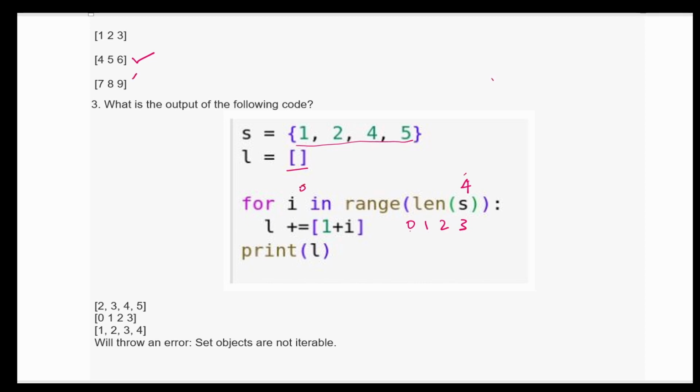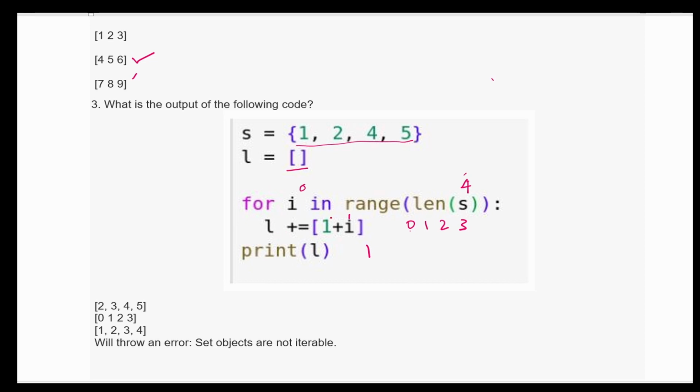When i is 0, 1 plus 0 will be a list, and that list will be appended to L because the plus sign indicates that it will be appended. So the first element in the list L will be 1. Then when i is 1, then 1 plus 1 is 2.